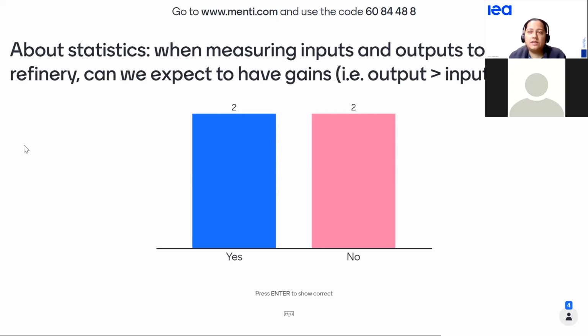Do you think that when we measure inputs and outputs to a refinery, we can get gains? I think it's a bit subtle here. It's not in energy terms; it's when you're measuring a certain quantity in barrels or tons. Is it possible?